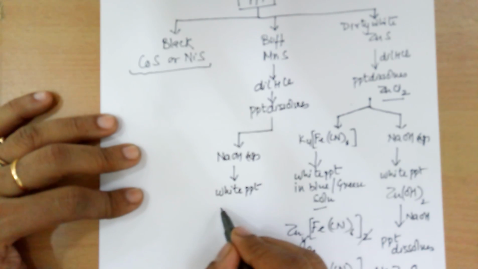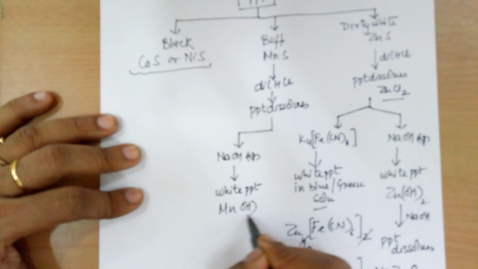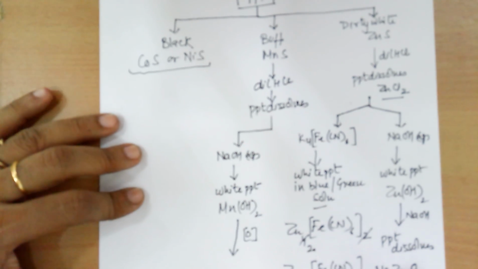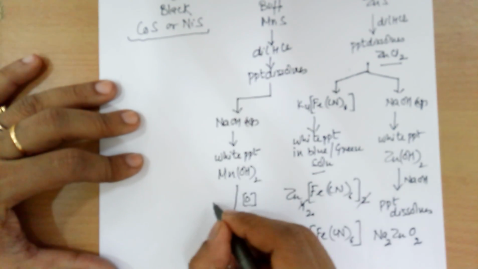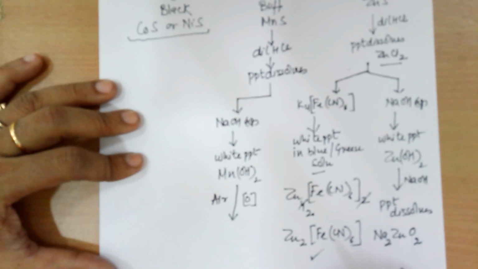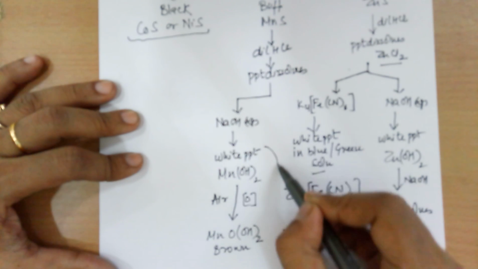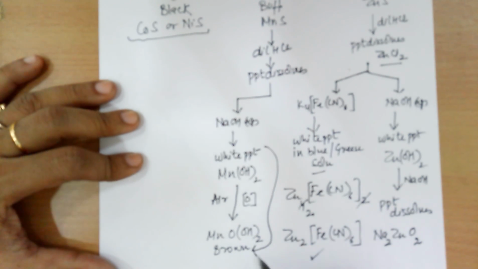This white PPT would be manganese hydroxide. Leave it for some time. It takes the oxygen from the air, that is, undergoes aerial oxidation to form another oxidized product which is brown in color.